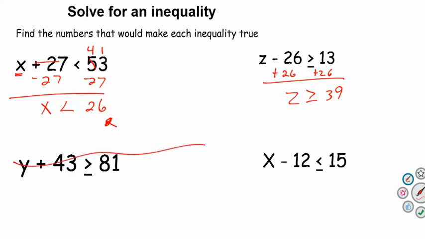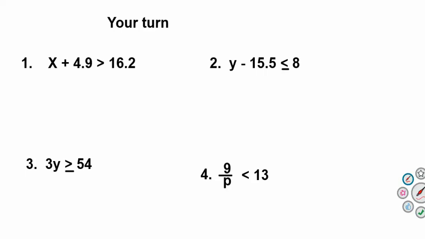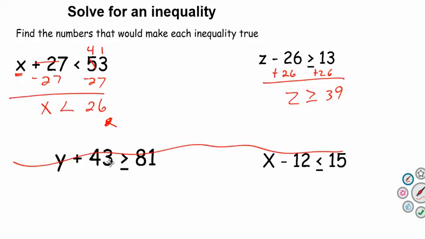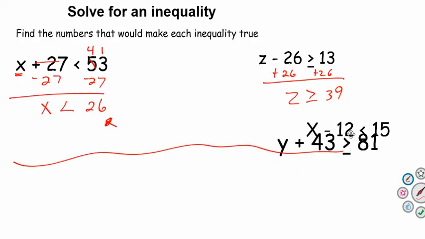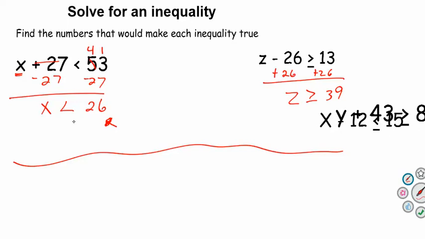Okay, I'm going to skip that one. Those are the same. Let's see if I have some multiplication division ones here. I don't. Let me do just multiplication and division really quick in case. Let's see, x divided by 3 is greater than 15.